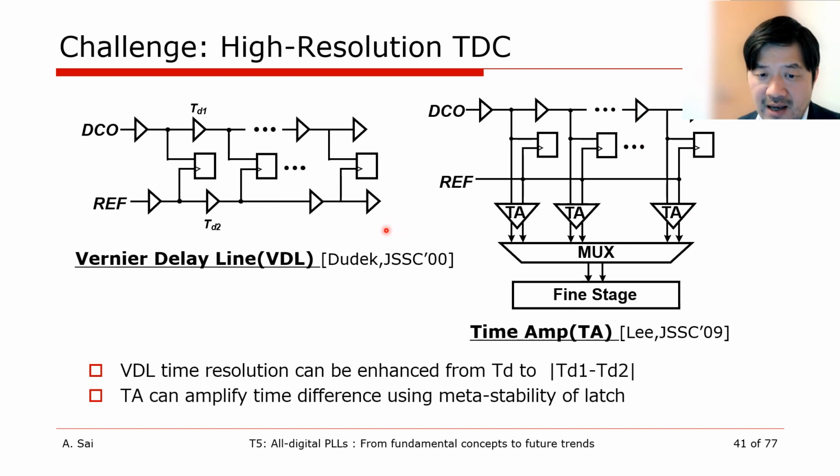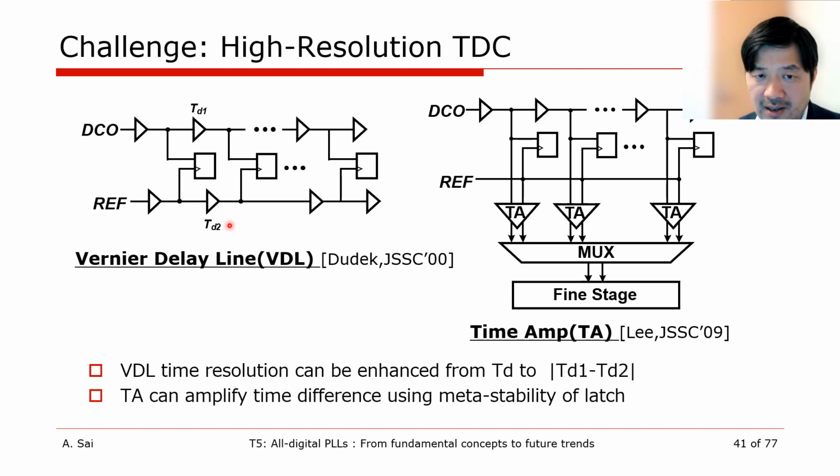The Vernier delay line utilizes two delay lines having different delays for the DCO input and reference input paths, and the time resolution is determined by their difference, resulting in a higher resolution.